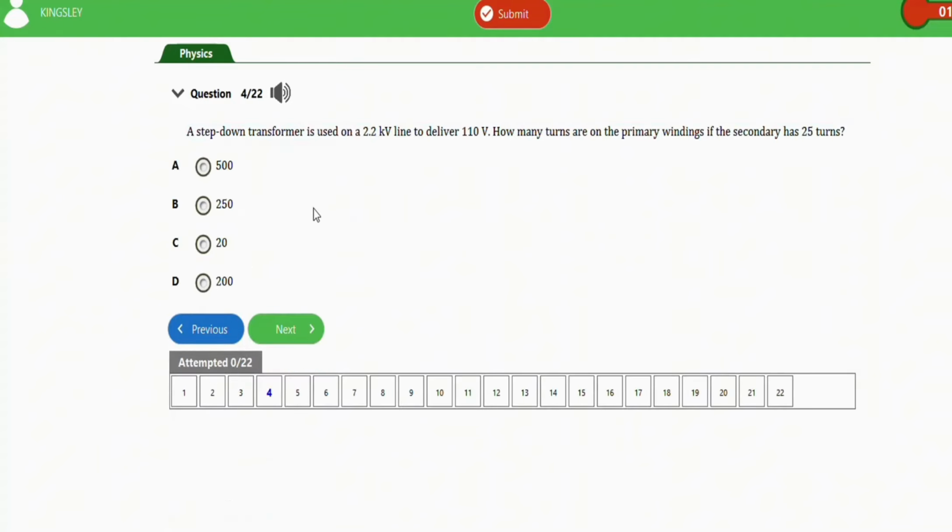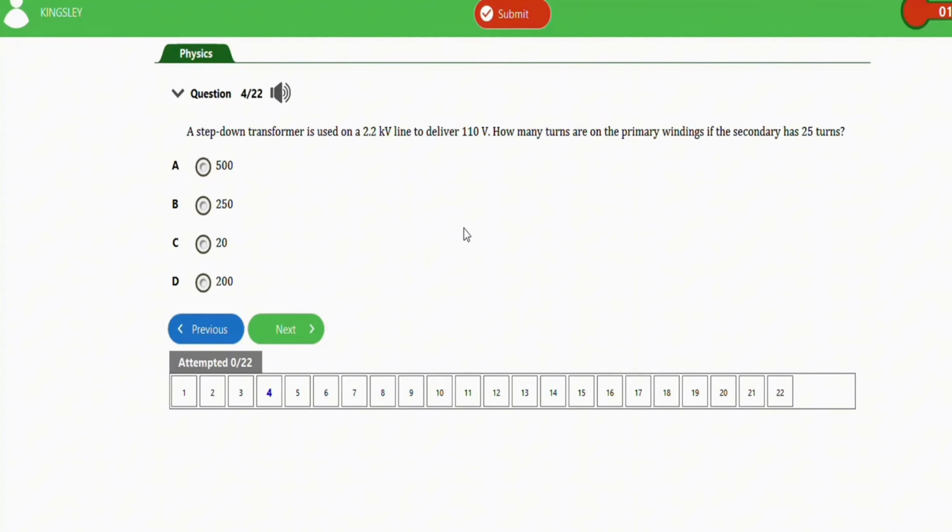The next repeated question will be this one. It says a step down transformer is used on a 2.2 kV line to deliver 110 volts. How many turns are on the primary windings if the secondary has 25 turns?